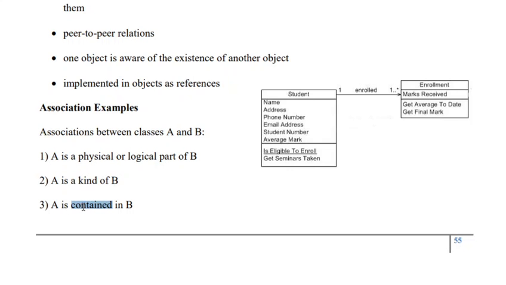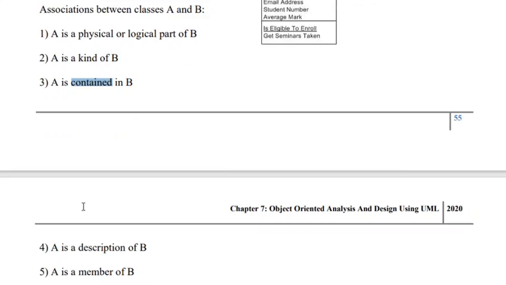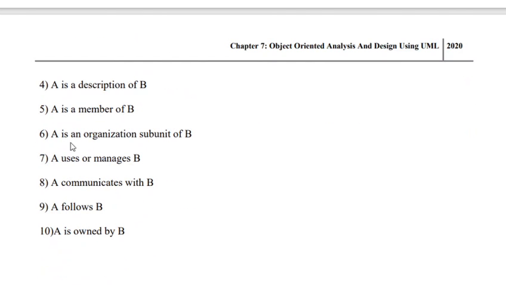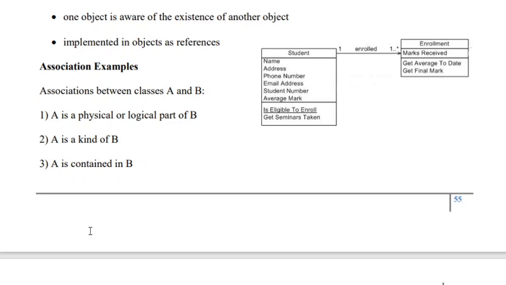A is contained in B. Now, next is A is description of B. A is a member of B. A is an organizational subunit of B. A uses or manages B. A communicates with B. A follows B. A is owned by B. Just see, these are instances in which the objects may be related with each other. So you see, these are the various ways in which you can have an association being established between different classes.